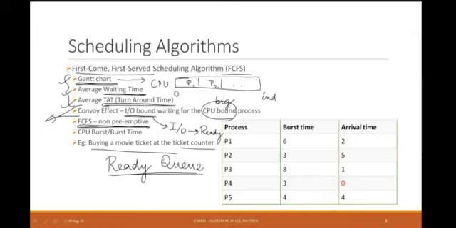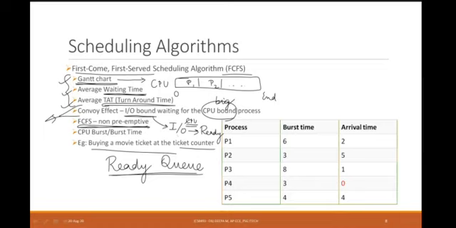These IO bound processes will occupy only a small amount of time in your CPU. That is the meaning of your IO bound processes. The processes which are going to spend more time in utilizing the IO resources and very less time in the CPU are called as IO bound process. Whereas CPU bound is going to utilize more time in your CPU when compared to your IO processes.